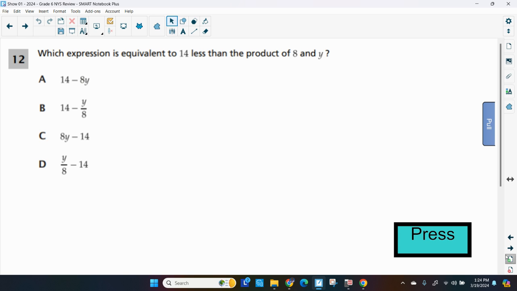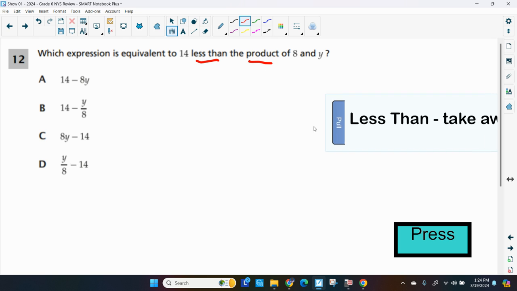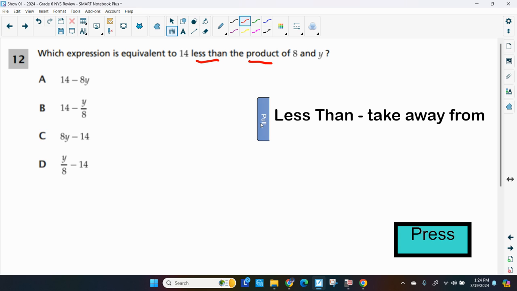All right, let's get going. Which expression is equivalent to 14 less than the product of 8 and y? All right. I see some good words that need to be underlined, like less than and product. When you see the words less than, that means take away from.